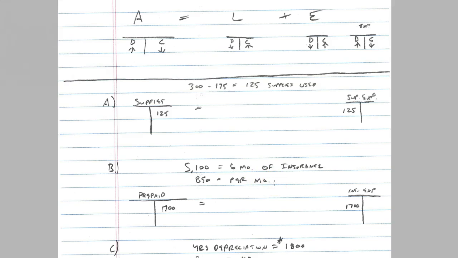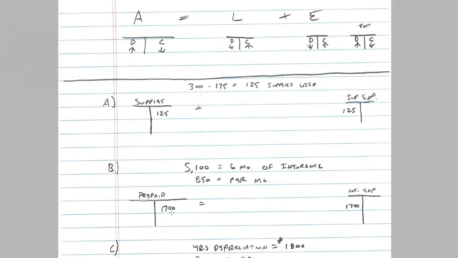Now, computers and software can help you calculate all this stuff, but we're going old school here. The problem said we had 2 months of insurance that has happened. If you remember, we prepaid all that up front, right? And a prepaid is an asset. So now I need to decrease my asset. I know it's going to be a credit entry. So prepaids will have a credit entry of $1,700.